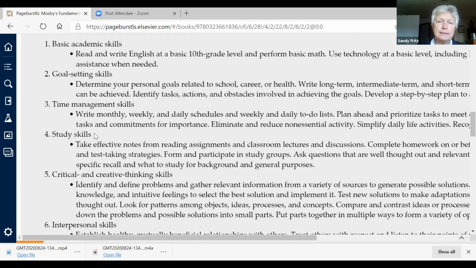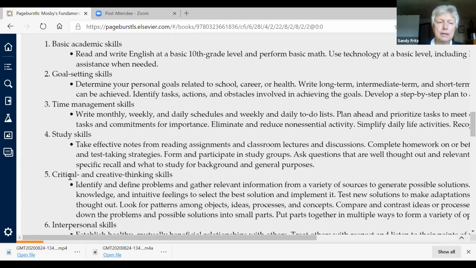I will try to teach more and more study skills, but there are many websites that you can look at that talk about how do you study and how do you use a textbook. If you don't understand it, we'll help you with that, but you also have to research and learn some of this on your own.